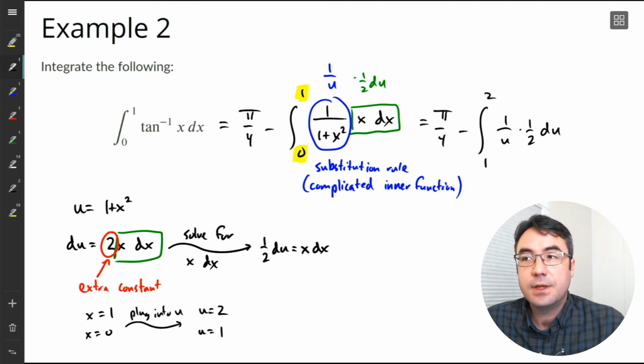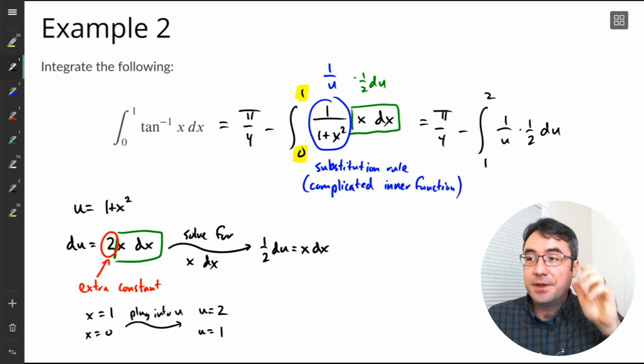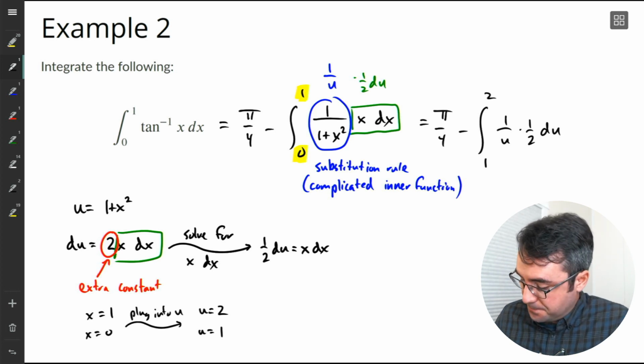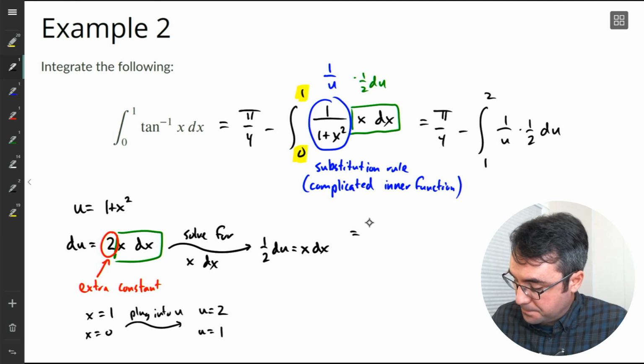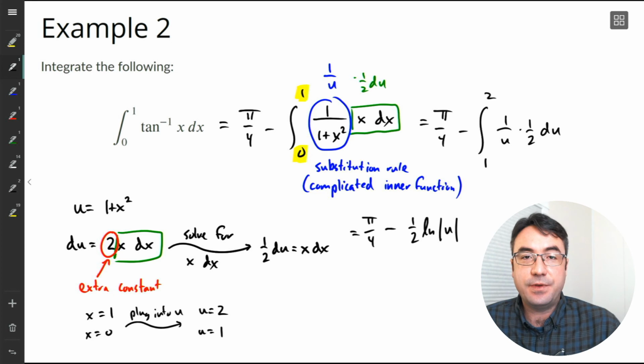All right, we're almost there. So it's looking good. Now we just need to know what the antiderivative of 1 over u is. And that's natural log absolute value u.